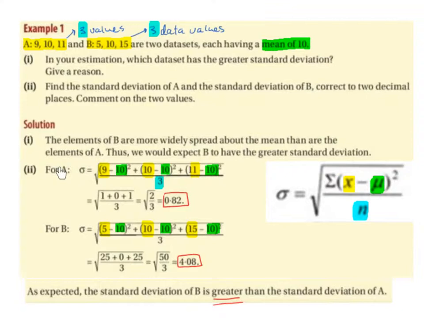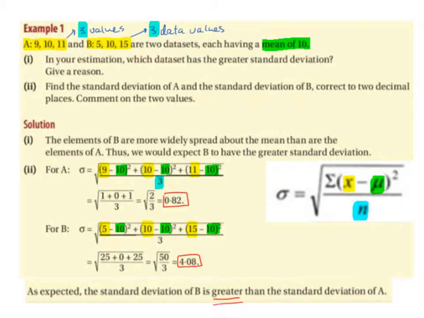So for A, we have 9 minus 10 squared plus 10 minus 10 squared plus 11 minus 10 squared. And that's all divided by 3 because there's 3 values in the data set.